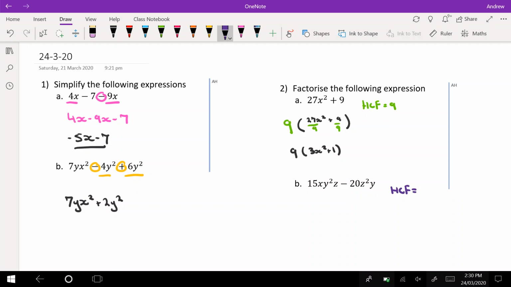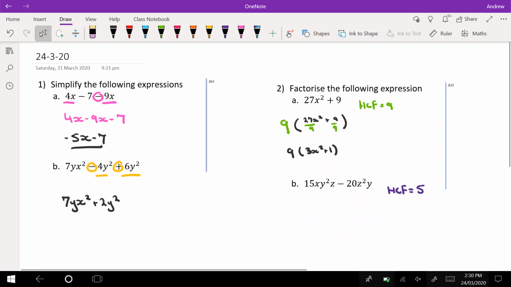Can anyone tell me the highest common factor for this question 2b? 5. So 5 is definitely one of them. Can we take any common variables out of both terms? Y and Z. So 5yz is our common factor. So I take that out and put it at the front of my brackets.